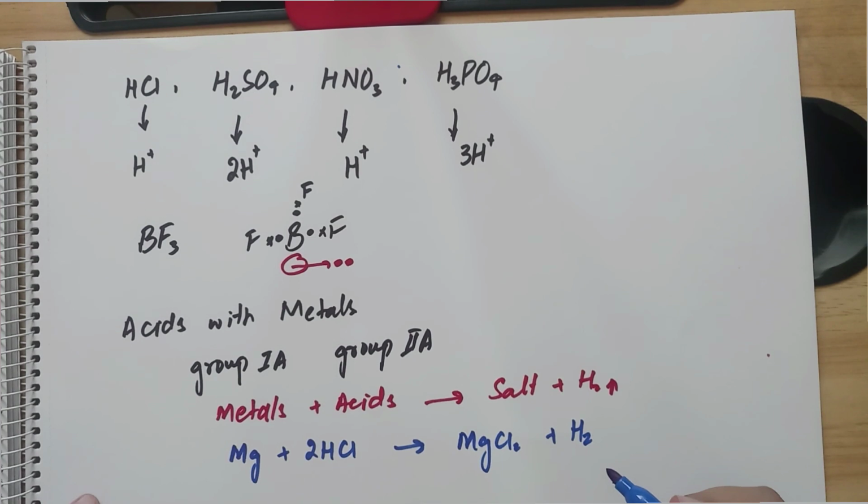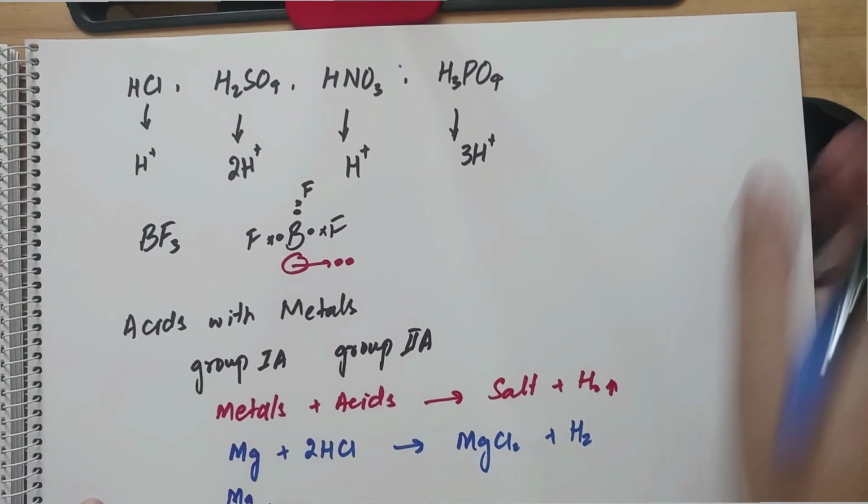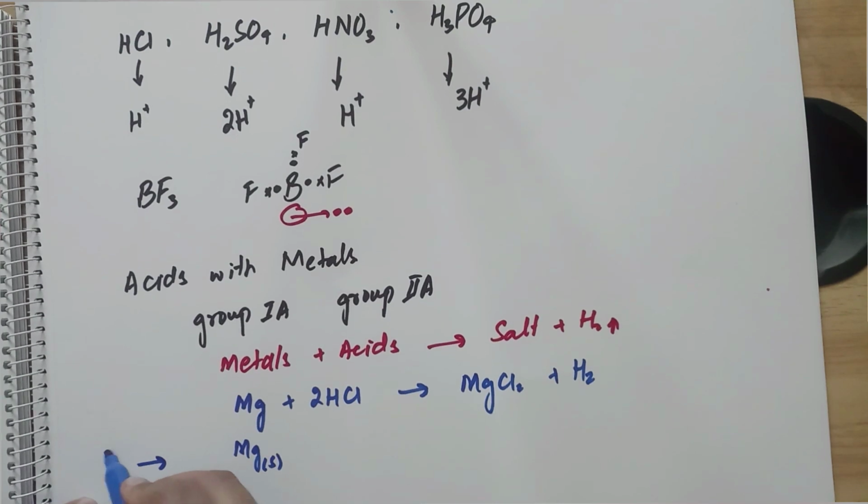So if we write its ionic equation, as magnesium is a metal, it will be solid, it will not ionize in a solution. Is it clear? So this is an ionic equation.